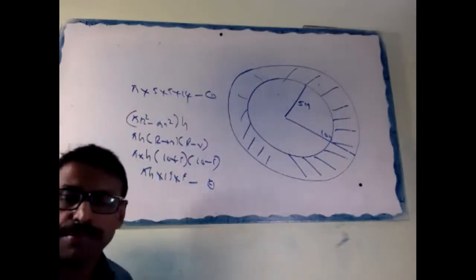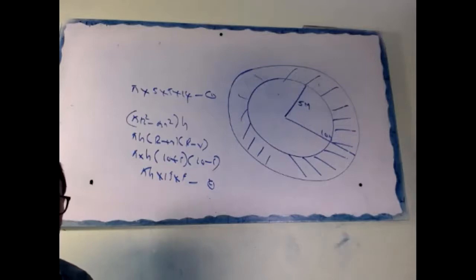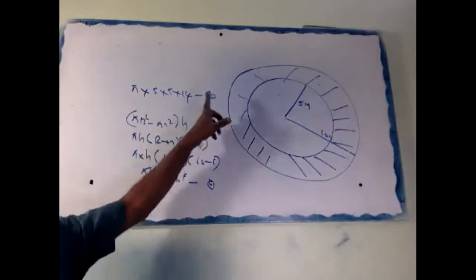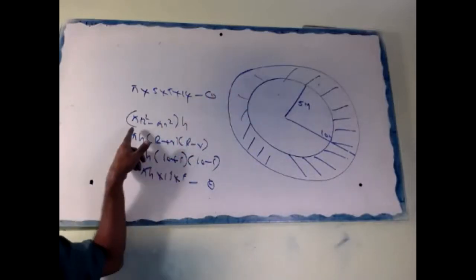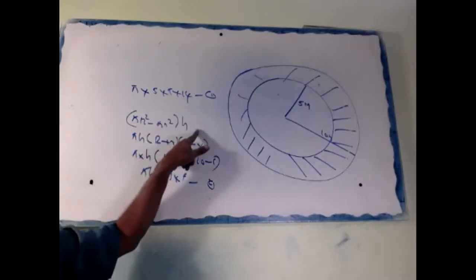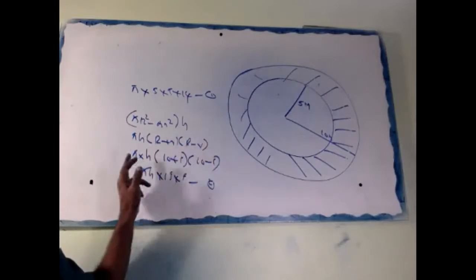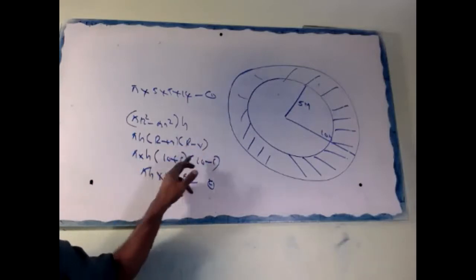Next line. Volume of earth on the embankment equals base area into height. The base is a ring. Pi capital R square minus pi small r square, into h. So pi h common, R plus r into R minus r. Pi h into 10 plus 5 into 10 minus 5.